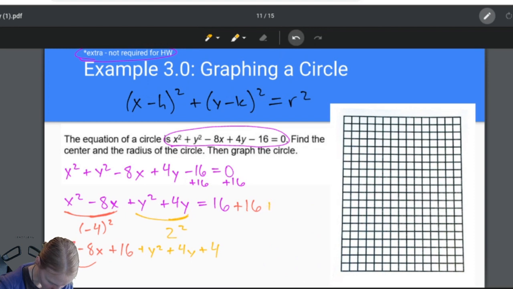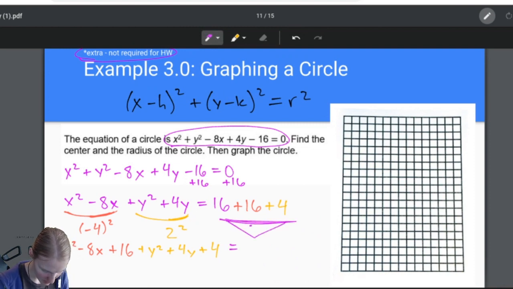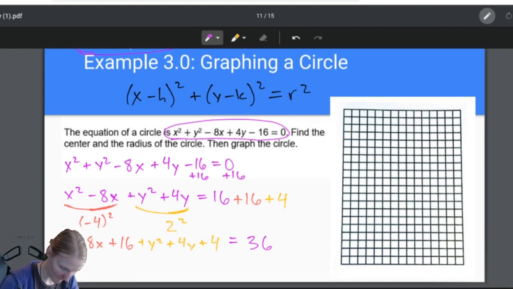And remember that if I add 4 to this side, I have to add 4 to that. Okay, beautiful. And let's not forget, we're going to put that equal to all of this, which is 16 plus 16 plus 4, which is 36.